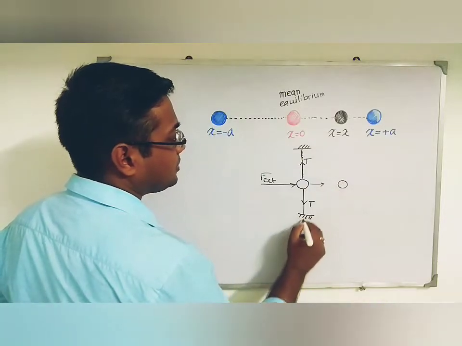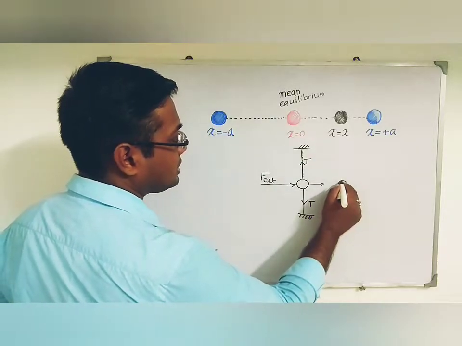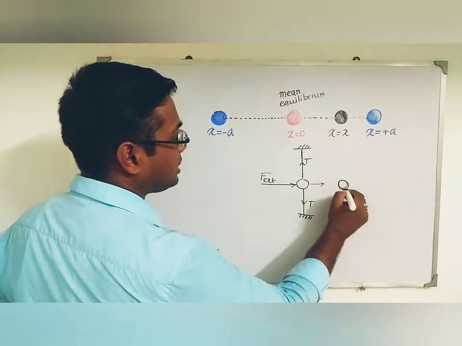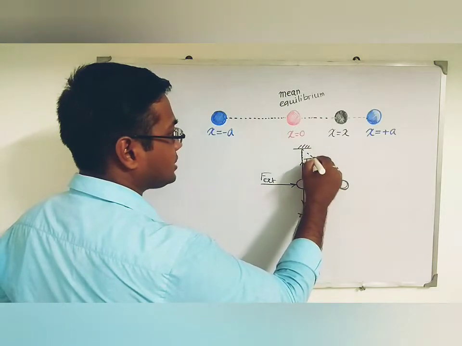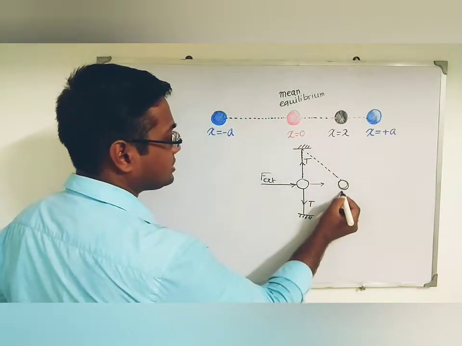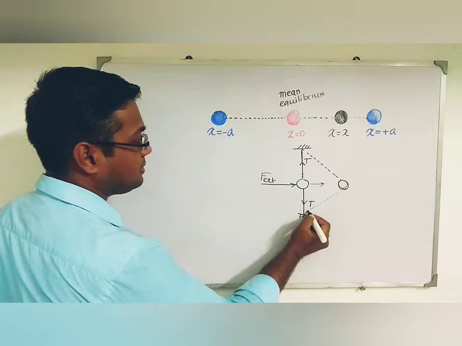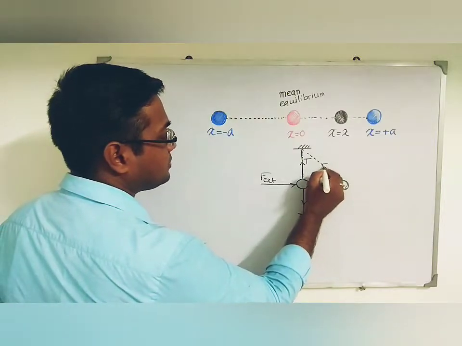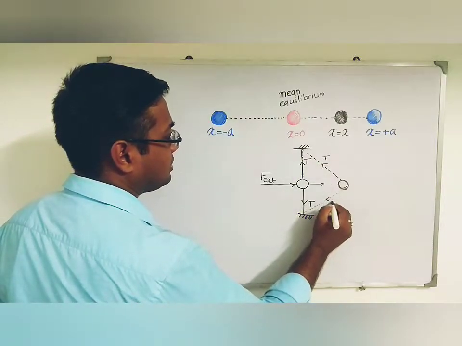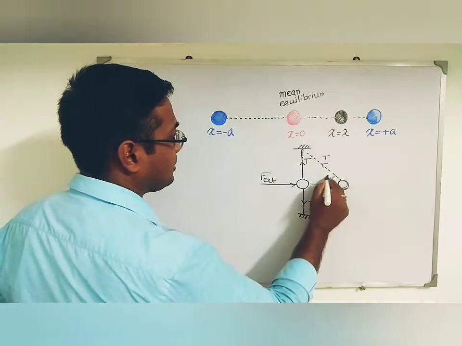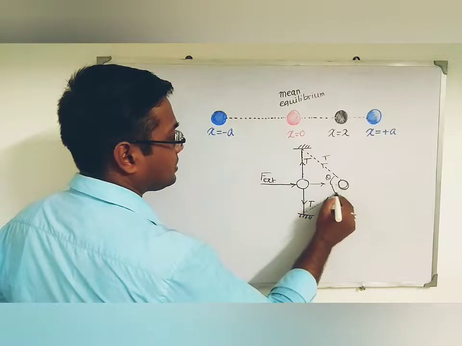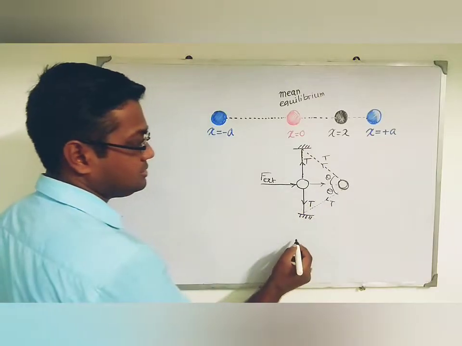From the position x equal to 0, it is now at the position x equal to x. At this position, obviously the invisible strings are stretched. The tension forces are in that direction, and with respect to the line of action of the force, we can say it makes an angle theta.